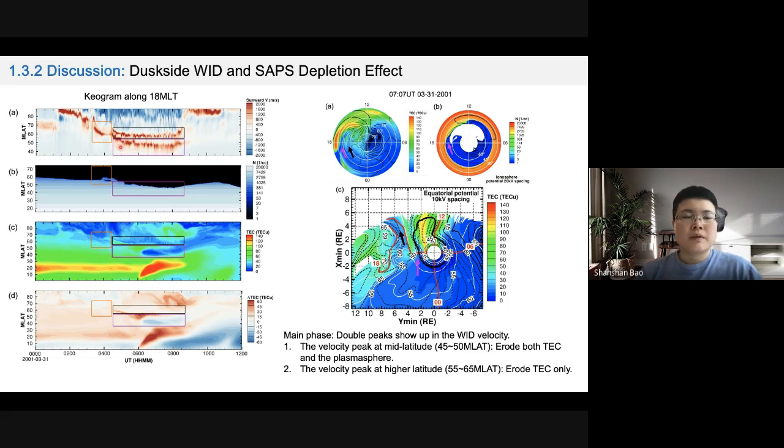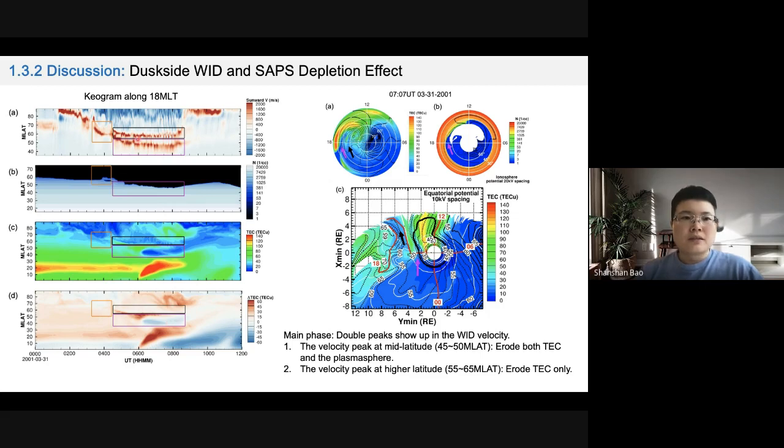In the purple box, you can see this velocity peak is showing correlation with the decrease of this density, or the shrinkage of this plasmapause location. And in the TEC profile, you can see the one in the purple box causes an obvious decrease in the TEC.